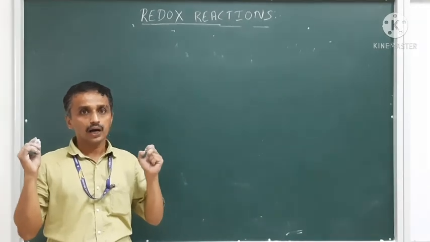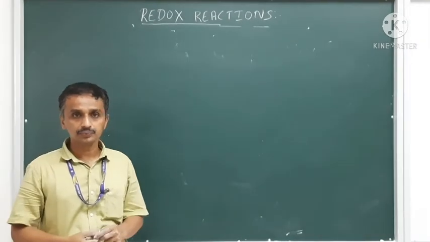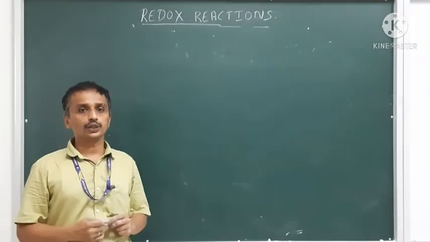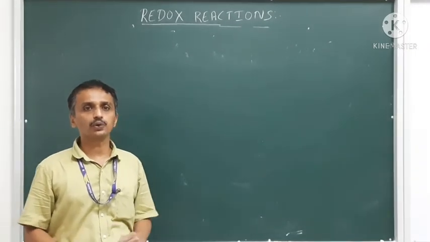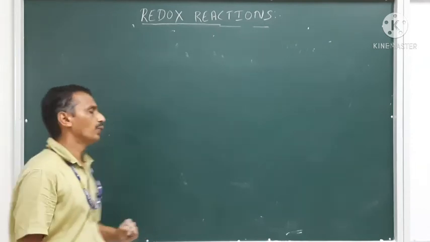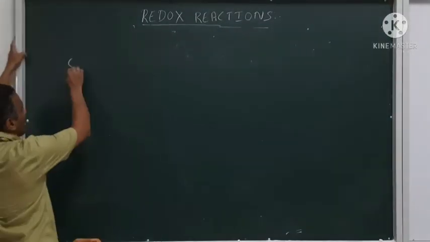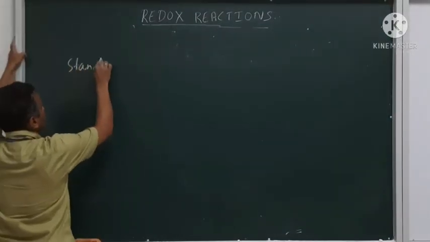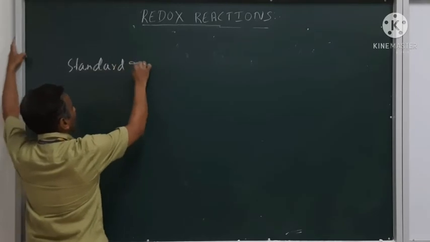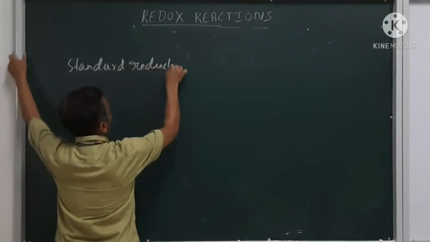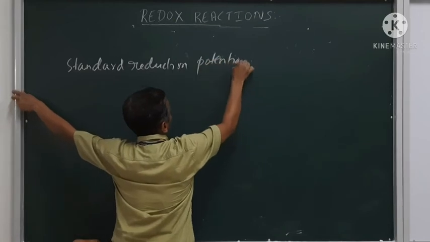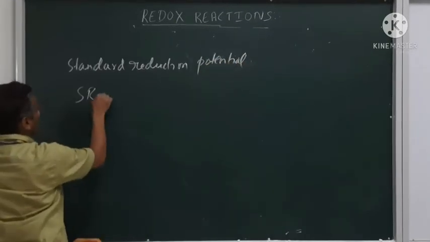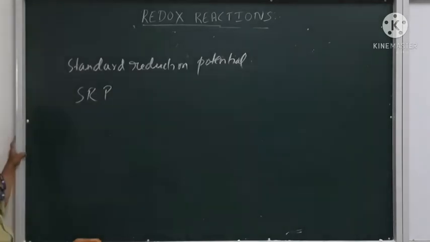According to the IUPAC system, any electrode potential should be mentioned using reduction potential. So it is called standard reduction potential also, and we call it SRP. Full form SRP.